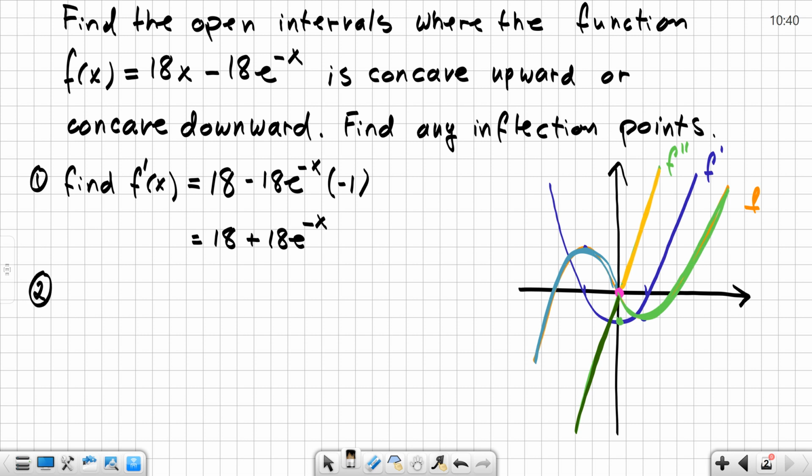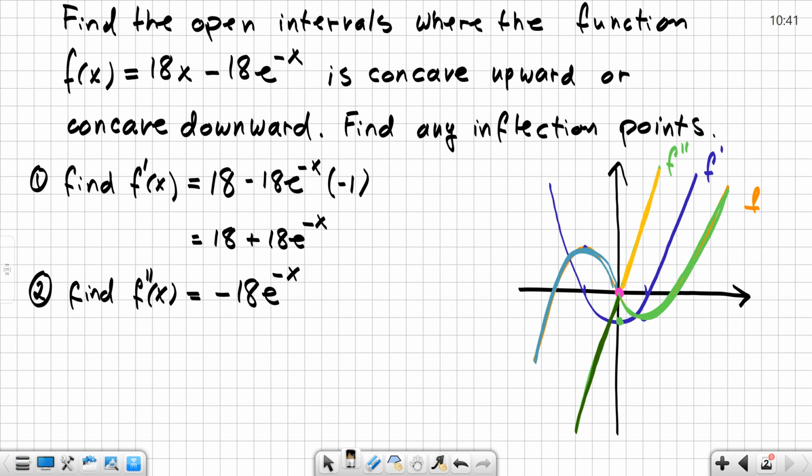Now I'm going to have to find the second derivative, which is nothing else but the derivative of the derivative. Looking at 18 plus 18 times e to the negative x, I will end up with 18 times e to the negative x multiplied by negative 1 again is negative 18 times e to the negative x.